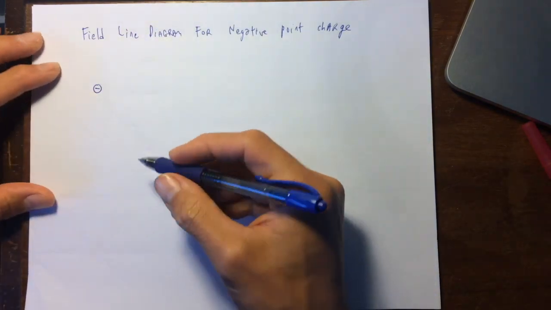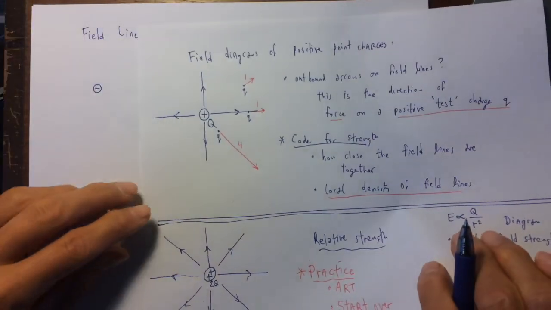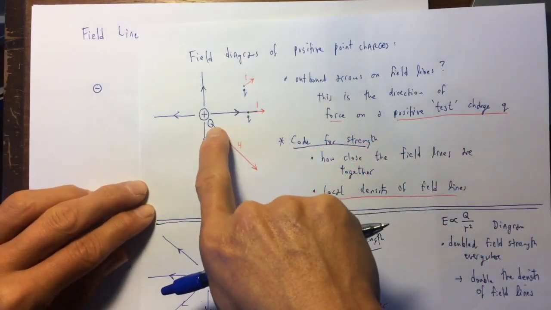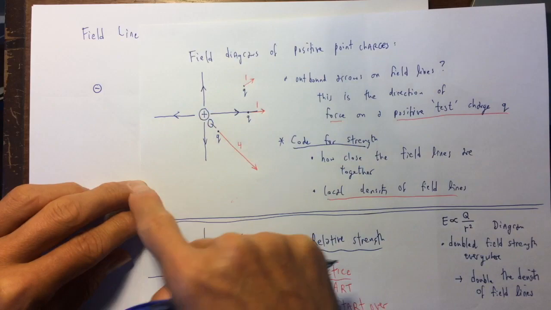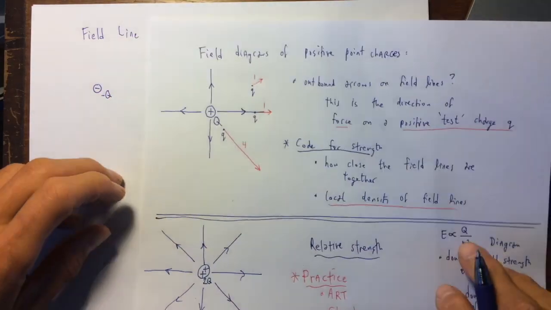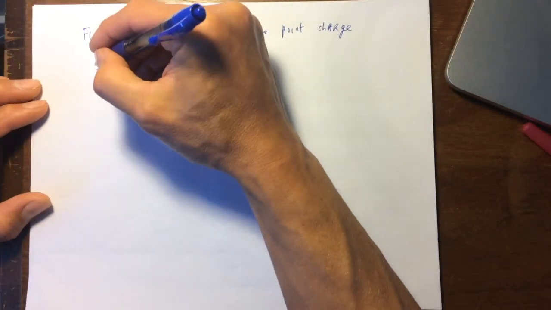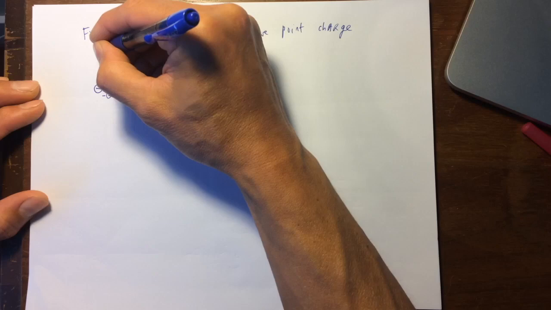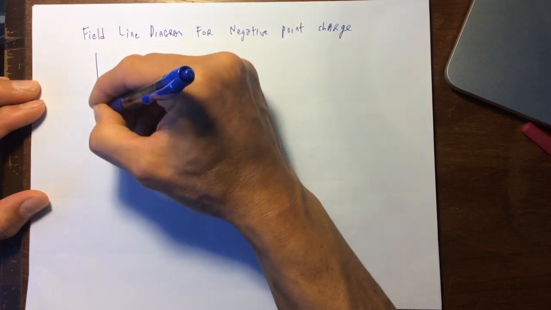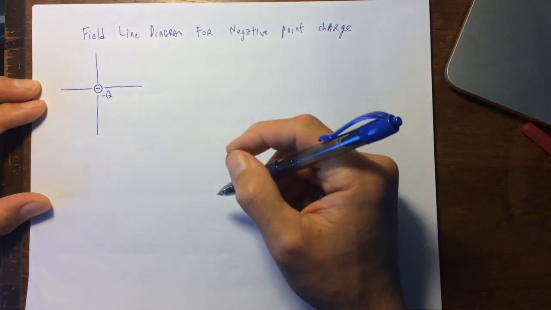So this is our charge. In the earlier drawing, if I had Q, I just had these 4 field lines. Let me just use negative Q. So I've got a negative amount of the same charge, so the field is going to be equally strong. So I'm only going to depict 4 field lines.